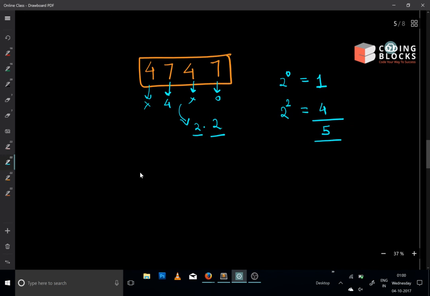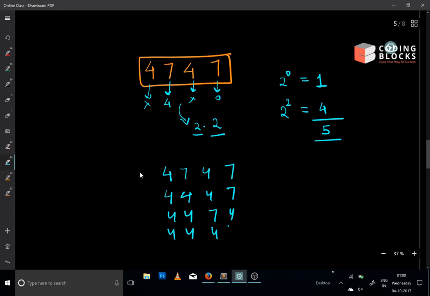So you can see there will be 5 4-digit lucky numbers in this case. If I change this 7, I will get 4447, 4474, 4444, 4477.